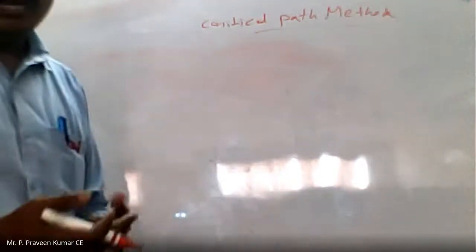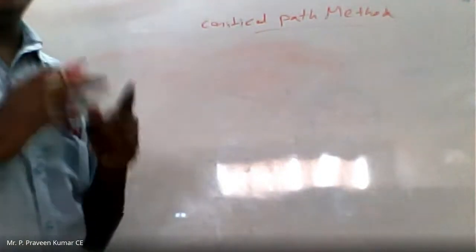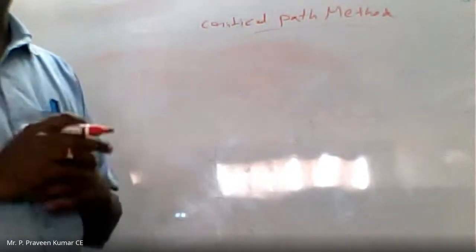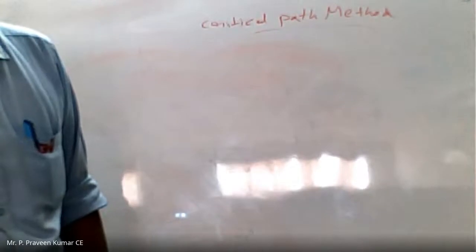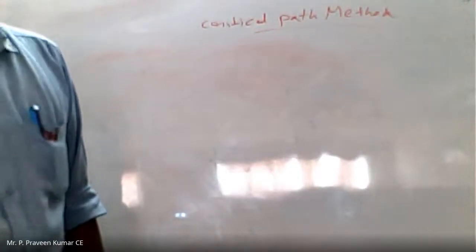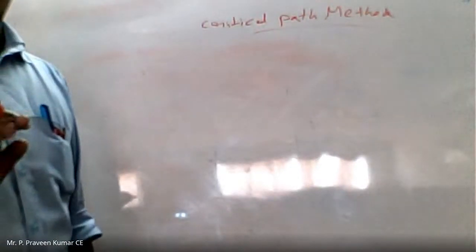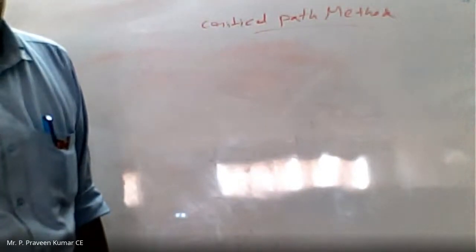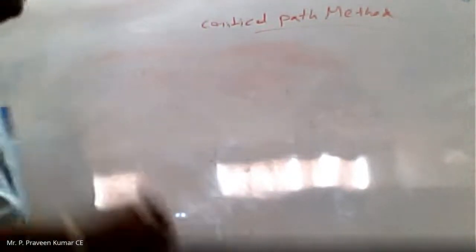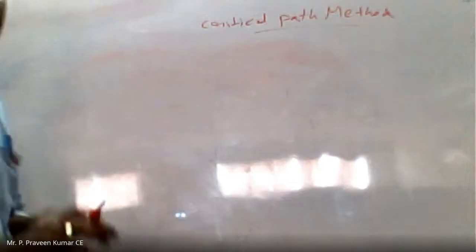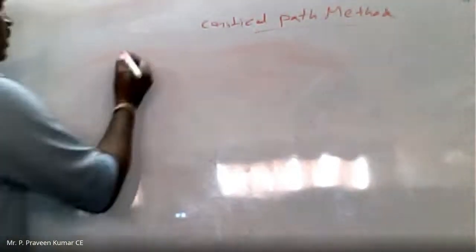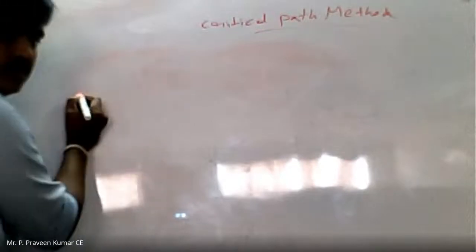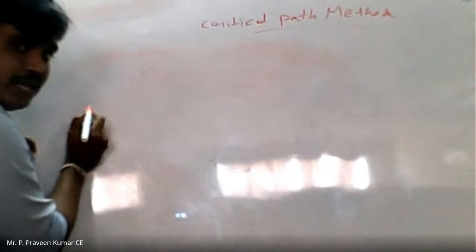To develop the network diagram, first we require a starting point of the project. In the problem, they have already given the starting point, that is 0 to 1. So I am starting with the 0 to 1 activity. Okay, see here. You can see on the board, right?